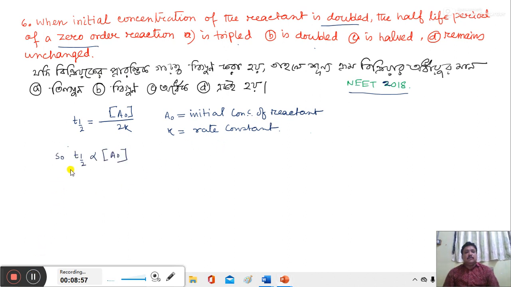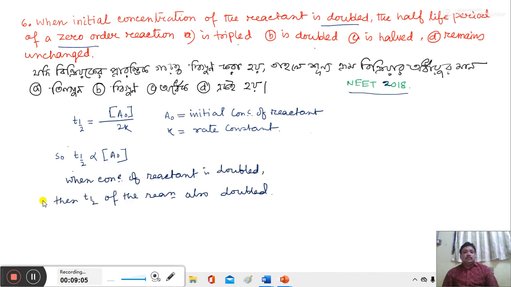So T half is directly proportional to A0, the concentration of the reactant. So when the concentration of the reactant is doubled, then T half of the reaction is also doubled. This easy question came in the NEET 2018 exam.